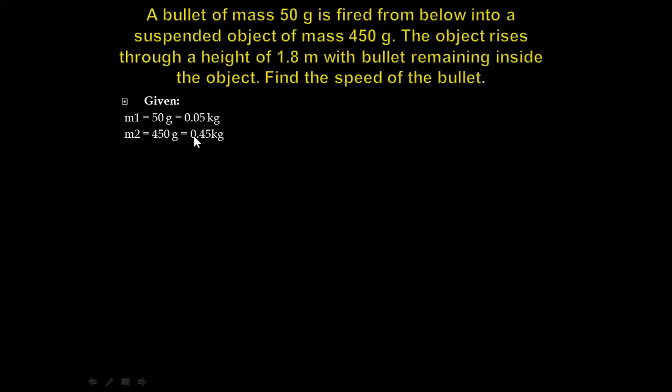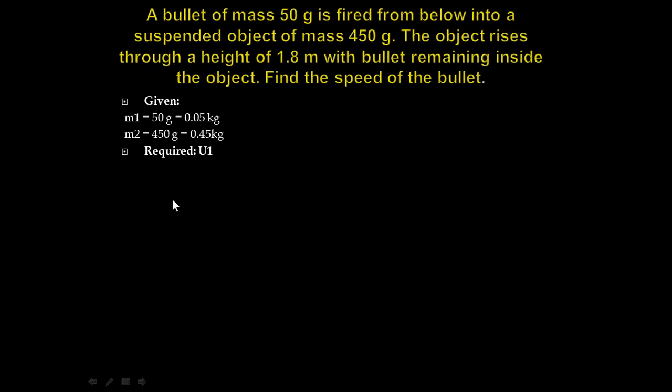In kilograms, that is 0.45. In addition to the given, we have the height at 1.8 meters. So we are required to determine the speed of the bullet, u1. u1 is the initial speed of the bullet.